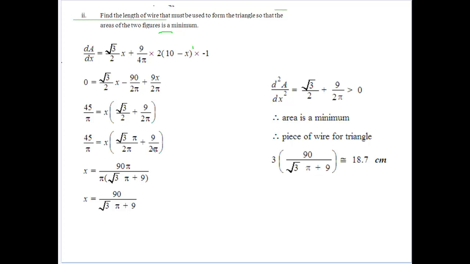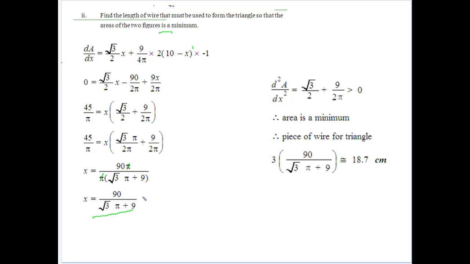And then we've divided by all that on both sides, or multiplied by its reciprocal, to get x by itself. So the 45 times the 2 pi gives us 90 pi, multiplied by that function up there, root 3 pi plus 9, and then our pi's cancel out, and there's our value for x.